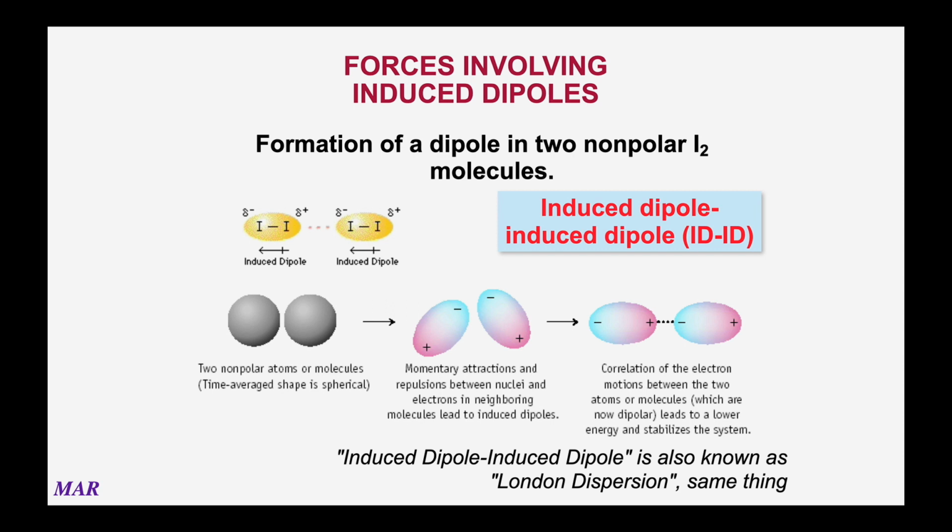I'm going to use induced dipole for my representation of it, but do realize it has different names. But the important part and the final part is that induced dipole is just what happens when two nonpolar substances come together. And again, this is where polarity now becomes more and more important as we go on in chemistry.